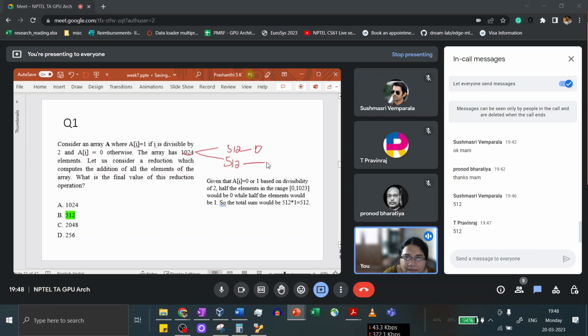Now, given that the reduction is addition, you're going to add all of these elements in different orders, of course, but ultimately the operation performed is addition. So you'll add all the zeros and you get a 0, and you add all the ones and you get 512. So the total sum is 512. Now is this clear for anyone who didn't understand it before?